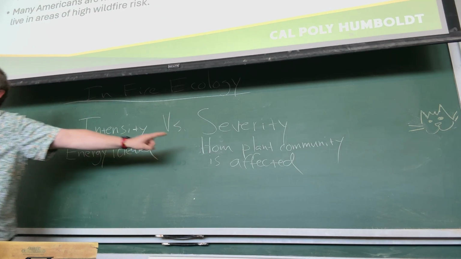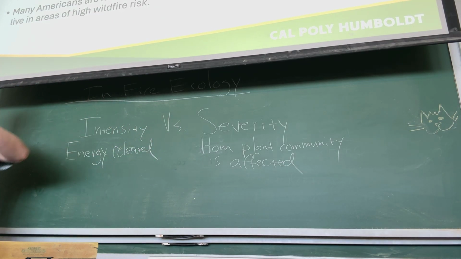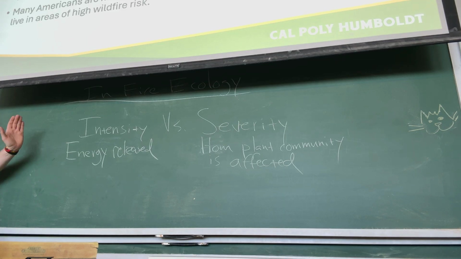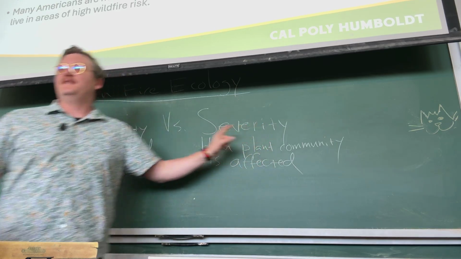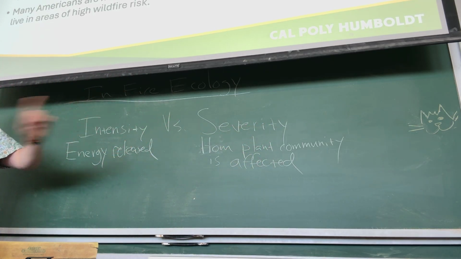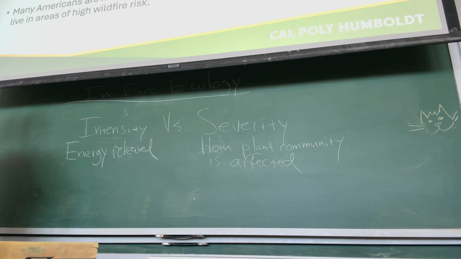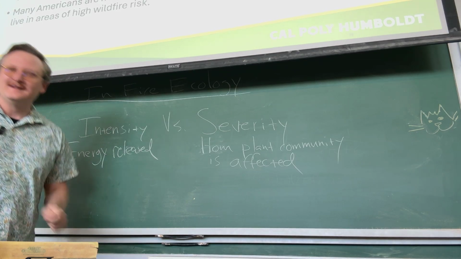Okay, so a high severity fire kills a large proportion of the plant community. A high intensity fire releases a lot of energy. A high intensity fire can be more severe and probably is, but they are two different aspects of the fire itself. Cool? Yeah. Awesome. I just needed a quick recap, right?